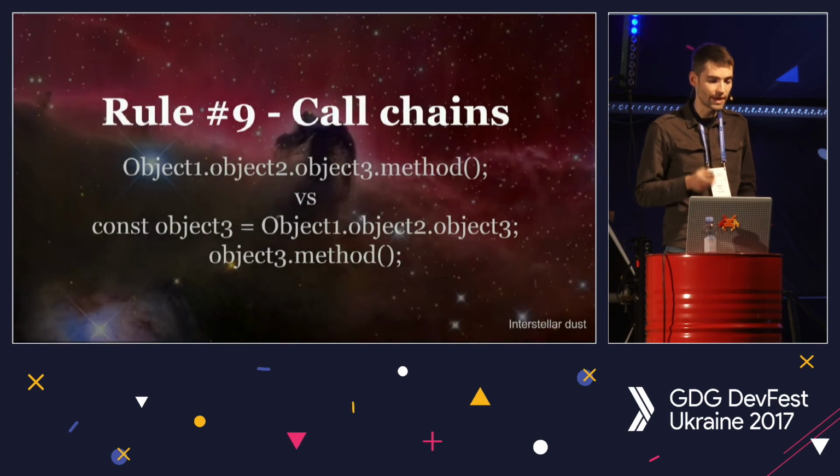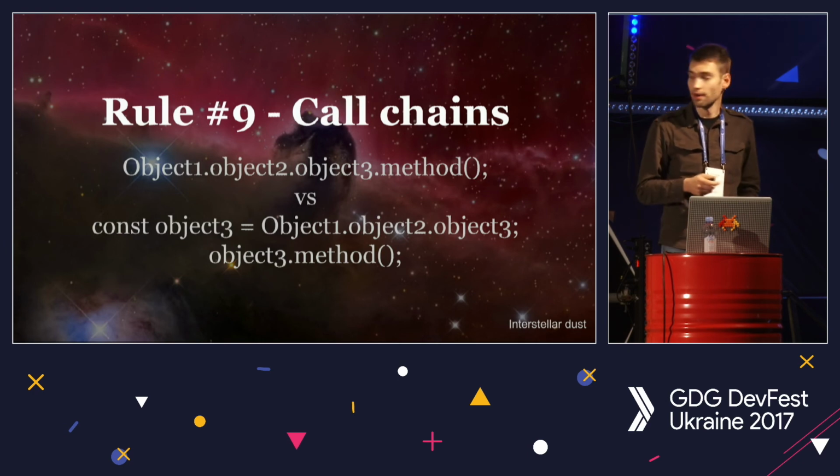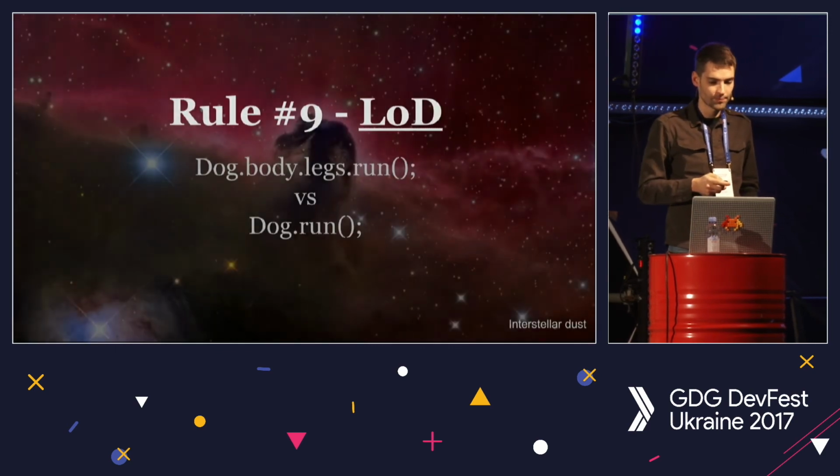The number of levels of dereferencing is about the call chain, and we all know that the shorter the call chain is, the less chance there is for a defect. So don't use long chains of referencing, but try to use shorter ones or create variables for long chains.